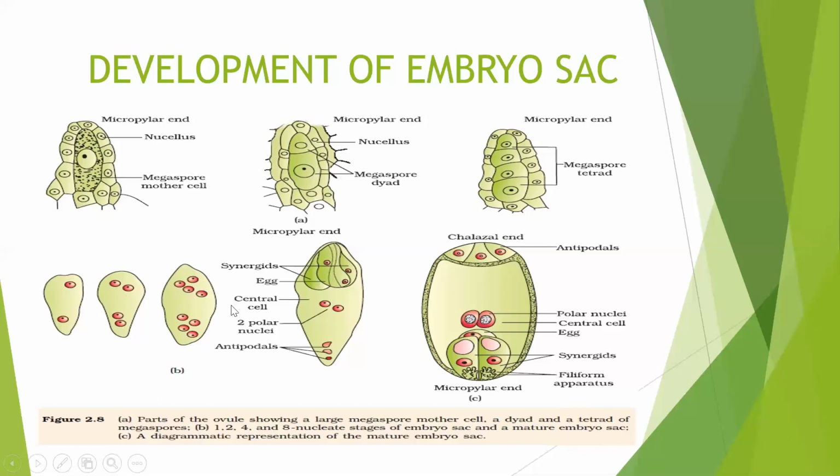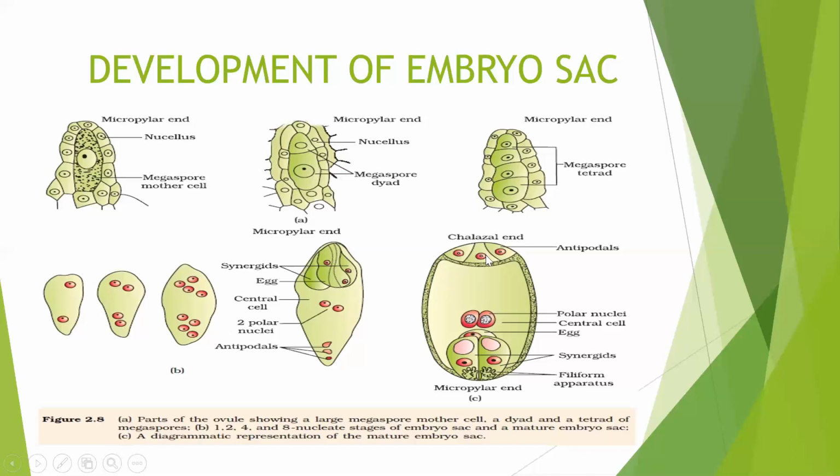The nucleus is already haploid, and it divides 3 times to form 8 haploid nuclei. This is only karyokinesis, that is, only the nucleus divides and 8 haploid nuclei are formed. Of these 8 haploid nuclei, 3 get arranged towards the micropylar end, 2 in the center, and 3 towards the other end, which is known as the chalazal end. After these nuclei have been formed, cell wall formation takes place.